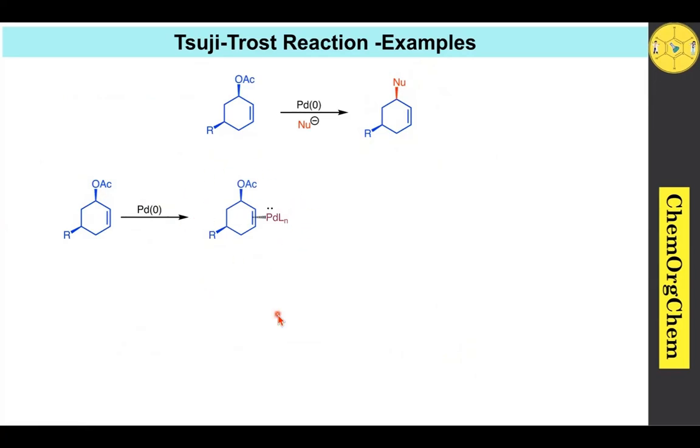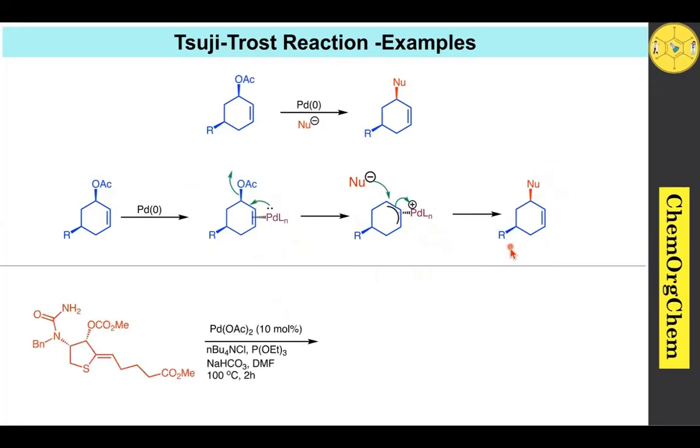Now this palladium pi complex undergoes oxidative addition, which kicks off the acetate leaving group, generating the corresponding pi-allyl palladium complex. Now you can see that this palladium species is present at the bottom face. Now the nucleophile readily attacks this pi-allyl species from the top face, which produces the corresponding allylic substitution product with the respective stereochemistry. Here you can see one of the examples.